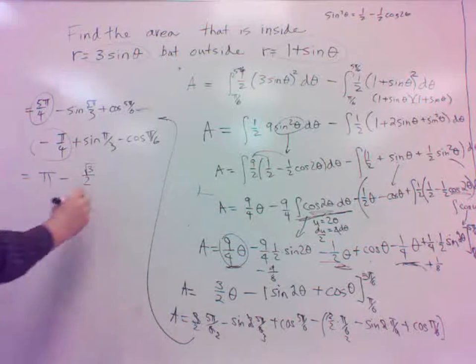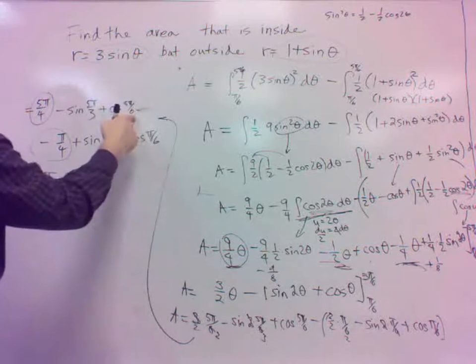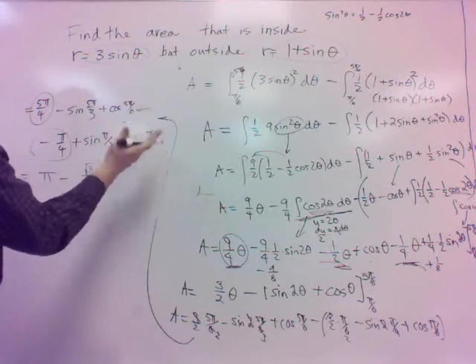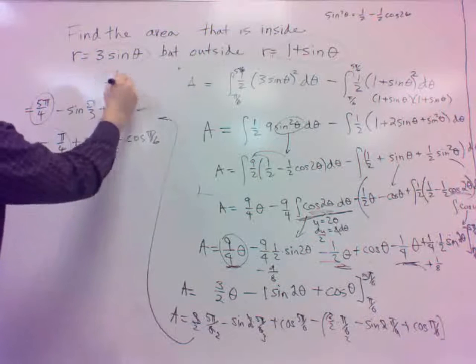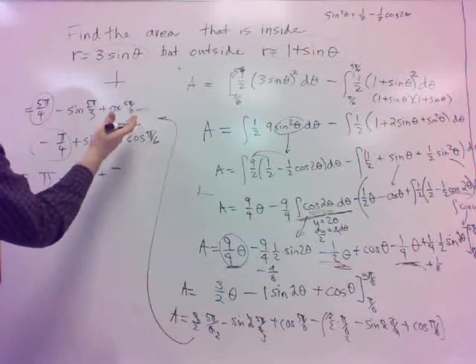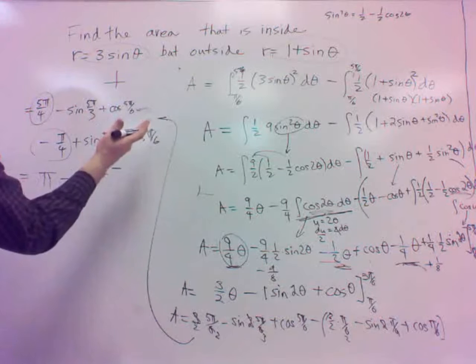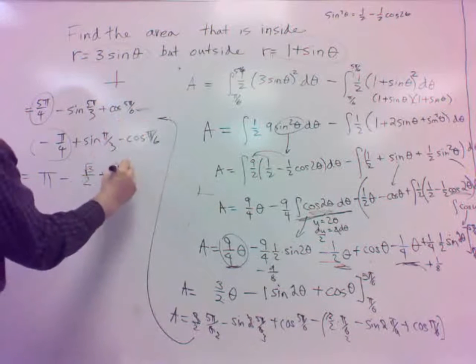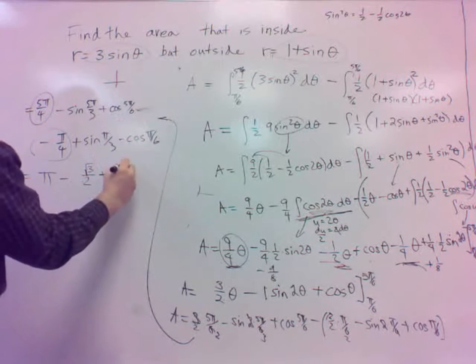Cosine of 5 pi over 6. Again, quadrant 2 here, and the cosine's negative, so that'll be a negative. Cosine of, that's 30 reference angle. And so cosine is also square root of 3 over 2, isn't it?